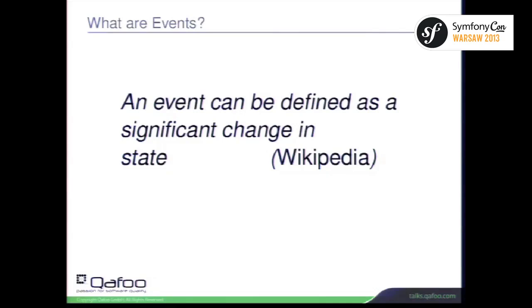This is an event that happens in the system. Even if we don't use the event dispatcher or the event system from Doctrine, the event still happens. Events happen all the time. We just don't use them explicitly in code. Every time a state changes, an event is happening in our system.